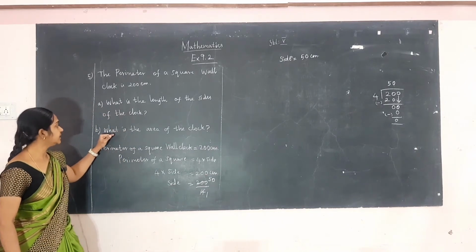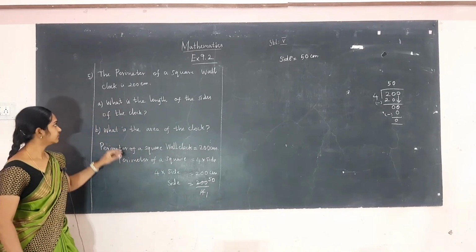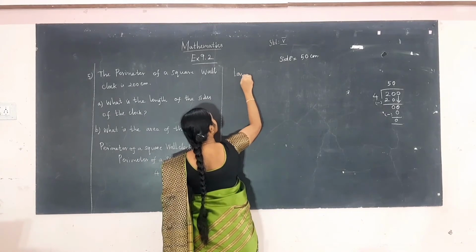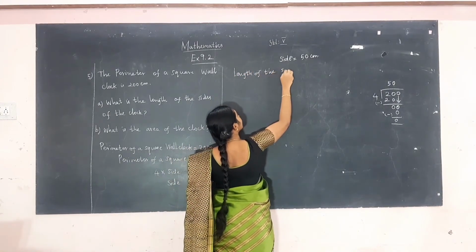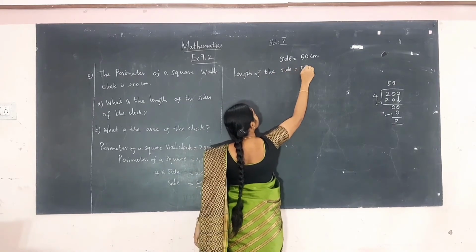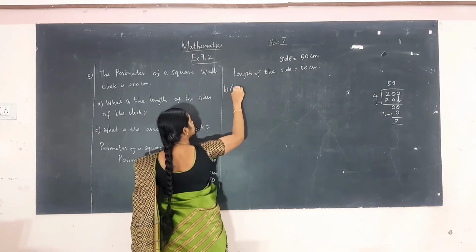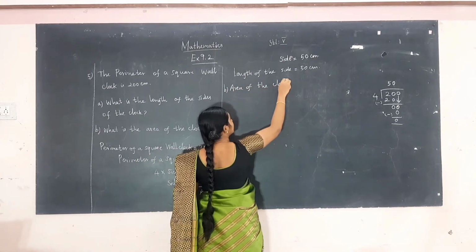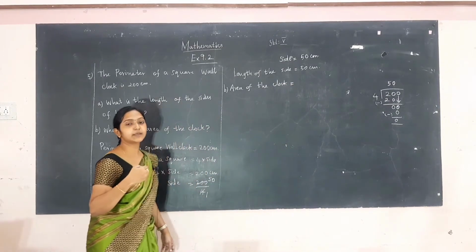Next, we have to find the area of the clock. The clock is in the shape of a square.